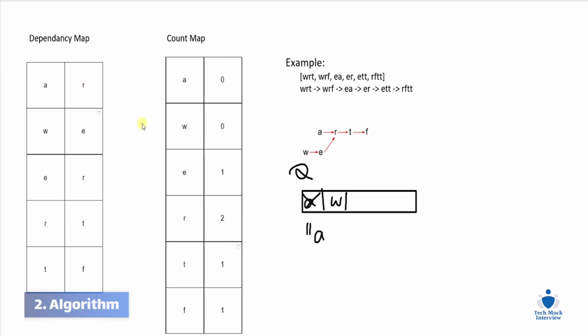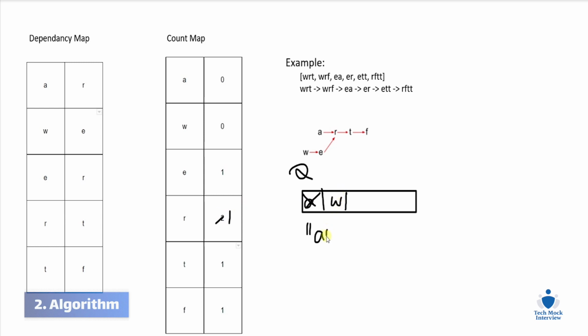It's R, so we look for R in the count map, and since A is one of R's dependencies, we decrease it by 1 because one of them is gone. Now, what do I do after that? We put W in our answer.